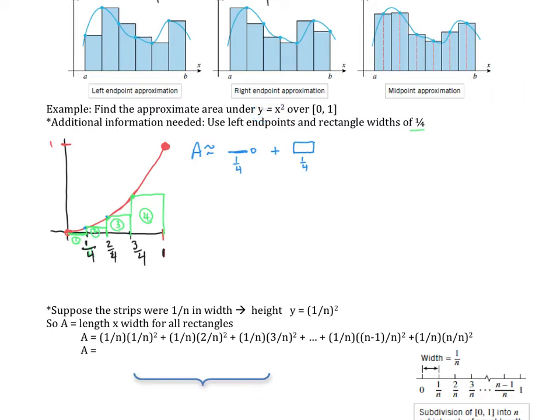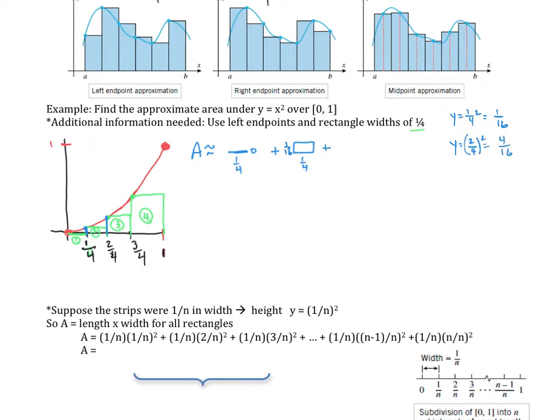So all I got to do is plug it in there. So if I plug in y equals, and I'm over here at 1/4, that's going to be my height, and I'm looking at this part right here, 1/4 squared, this will give me 1/16. So this height on this side was 1/16 right there. Then I need this height right there. That's at 2/4. So y equals 2/4 squared gives me 4/16.